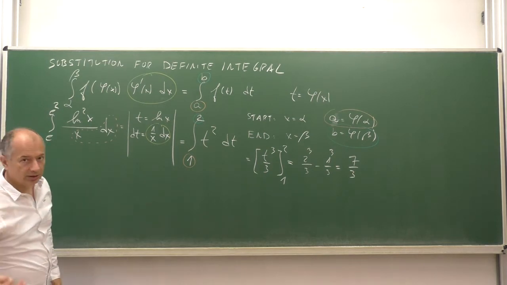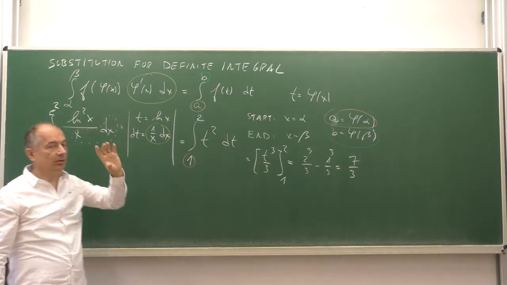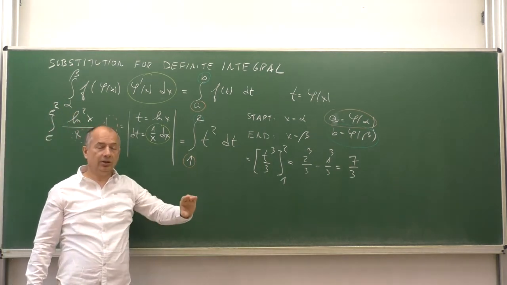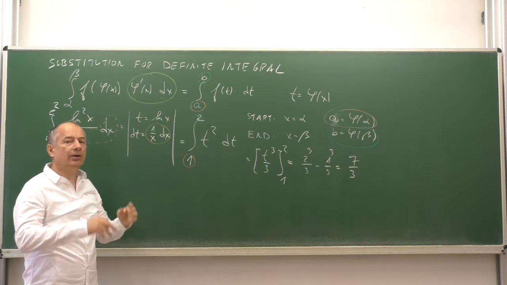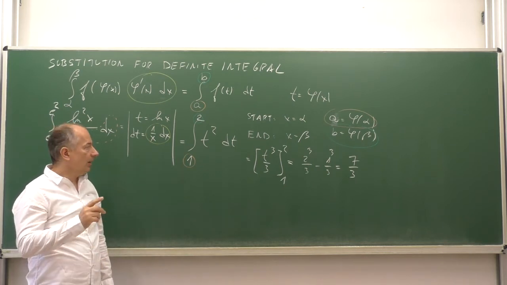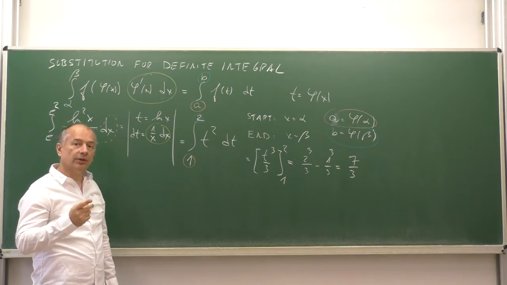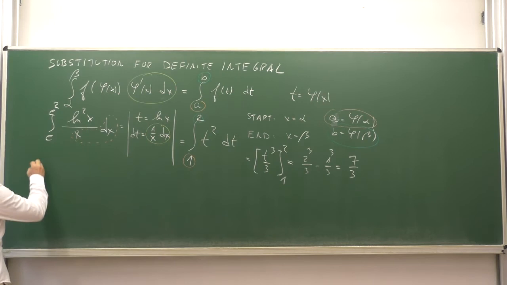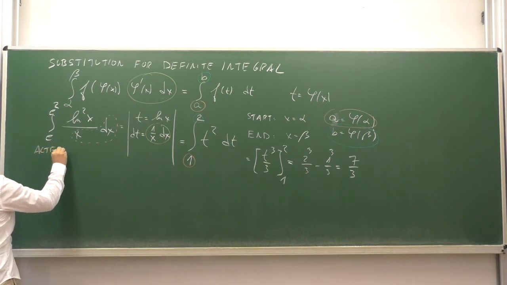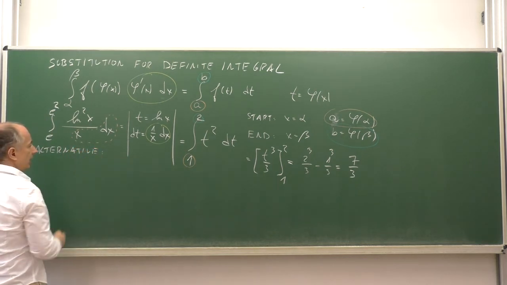Well, as an alternative approach, we can forget the limits and we can compute the indefinite integral first, and only then use the limits of x. Let me show this, and let me stress the advantage and disadvantage of this second approach. So the alternative is like that.